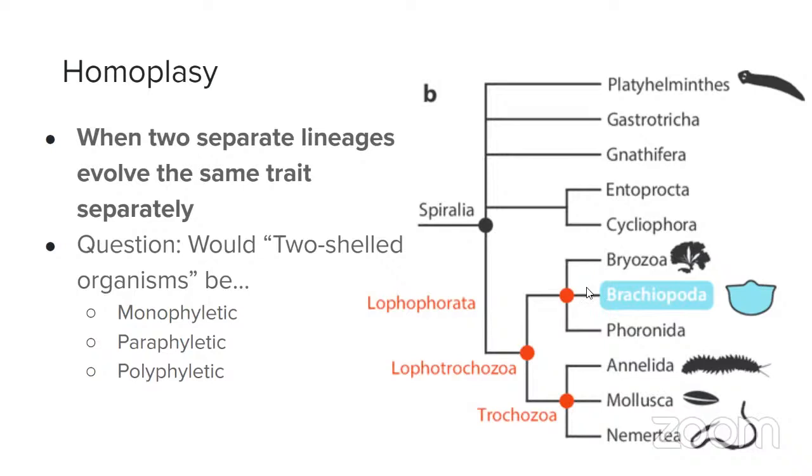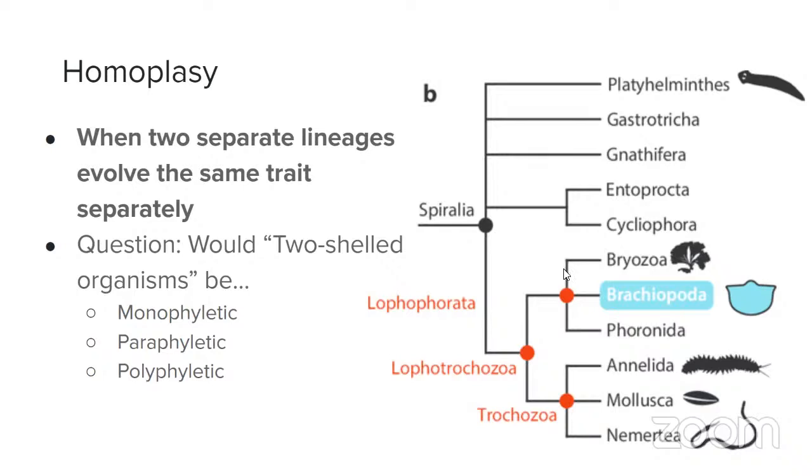Whereas from this diagram, the real diagram is more complicated, right? We'd have to lose that trait 1, 2, 3, 4 times in order to create the same arrangement of organisms. So that's why we think of this as an example of homoplasy.